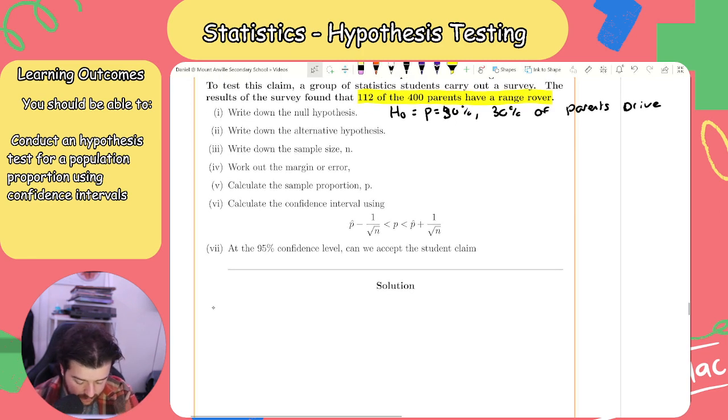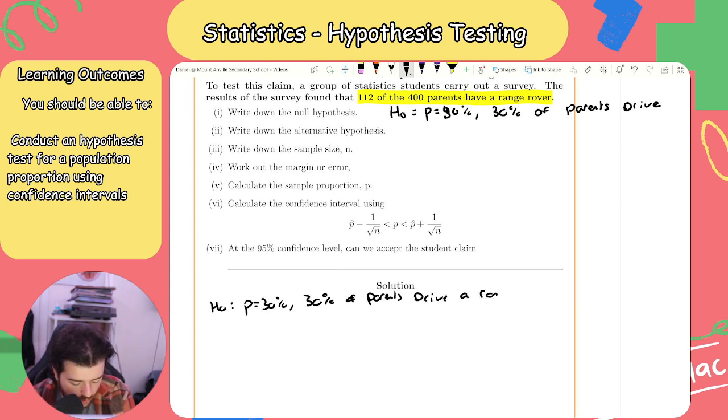Actually, let me write this down here. 30% of parents drive a Range Rover. Part 2, write down my alternate hypothesis. That means my population proportion is not 30%.